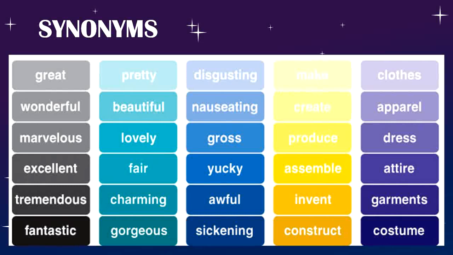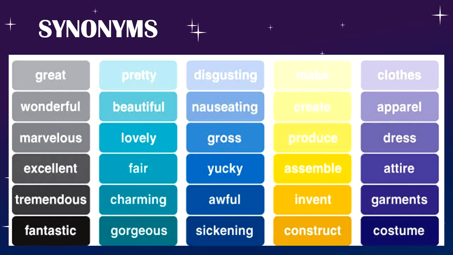For make, we can say create, produce, assemble, invent, construct. If we don't want to use the word great, we can say wonderful, marvelous, excellent, tremendous, fantastic. For pretty, we could say beautiful, lovely, fair, charming, gorgeous.